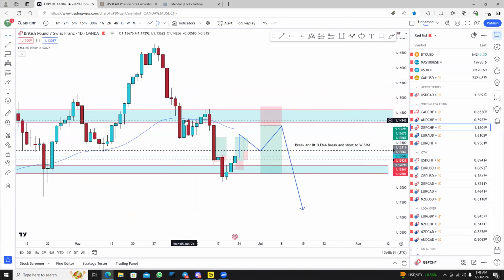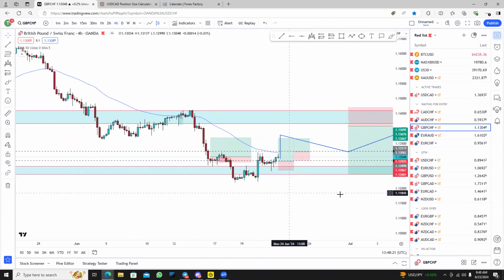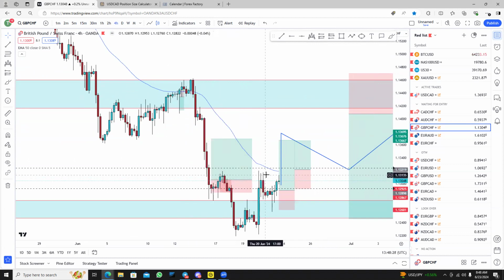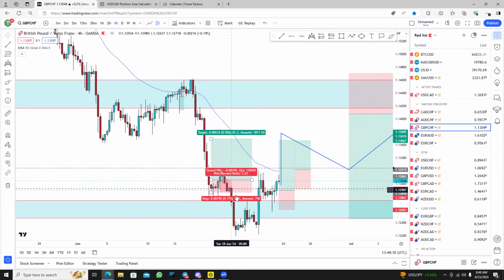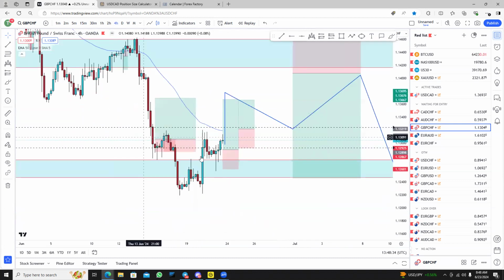Daily, lower low, lower high, lower low. 4-hour, right? It's still bearish. Lower high is right here at this point, and that's your lower low. Okay, so quite frankly, this is a very high risk trade as well.